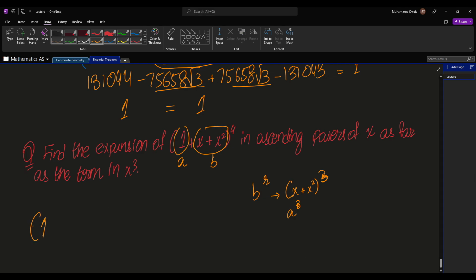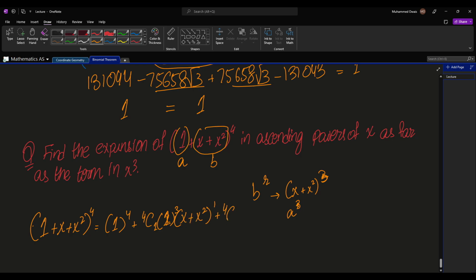Let's say (1 + x + x²)⁴ is equal to 1⁴ plus 4C1 into 1 to the power 4 minus 1, which is 3, into b, which is (x + x²)¹.